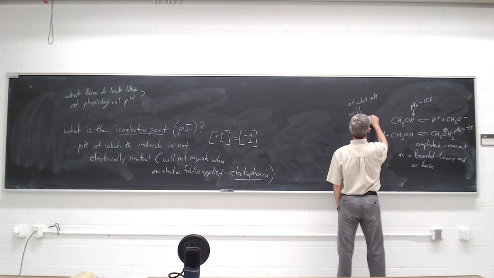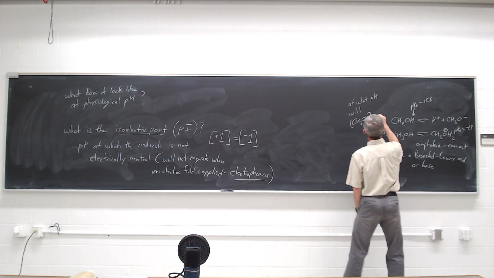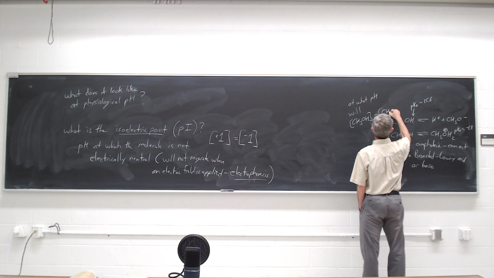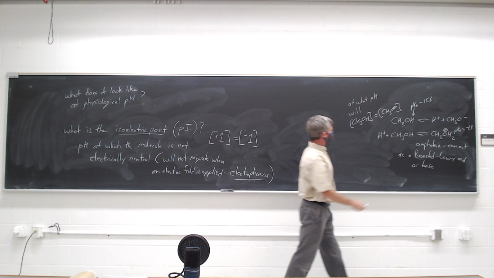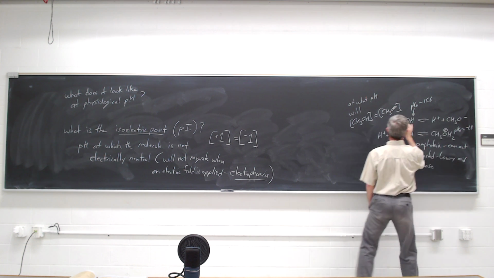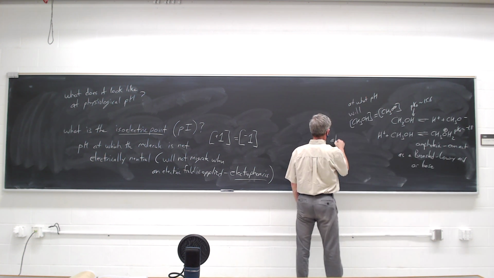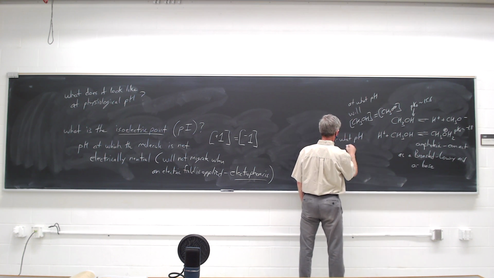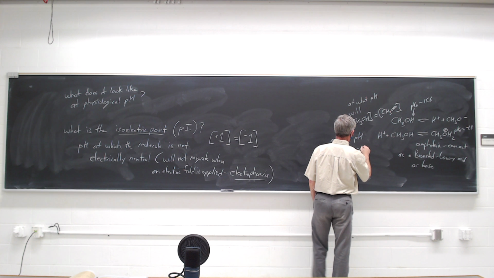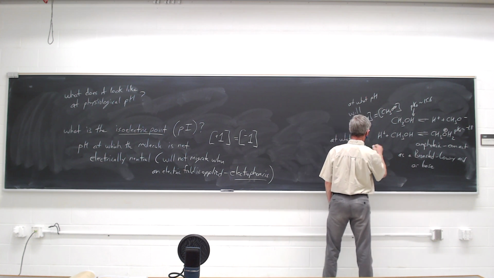And the problem asked you for three things. It asked you at what pH is the concentration of these two species equal. It asked you at what pH is the concentration of these two species equal.